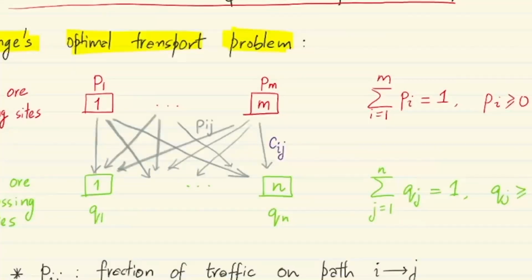In some sense, the demand of site j for iron ore is Qj, and since there is only a total of 1 unit being mined, let us also assume that the total processing demand for iron ore is equal to 1. Okay, so there are m non-negative numbers summing to 1, one for each site on the top, and there are n non-negative numbers also summing to 1, representing the demands.